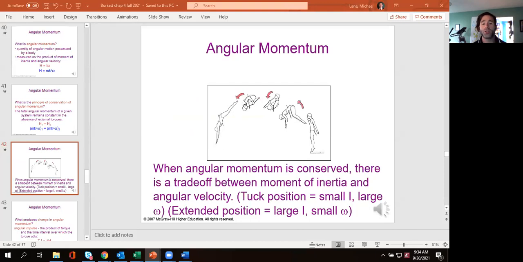The key is they're changing one major variable so they can spin faster. What's the major variable that they're changing? That in turn is going to change another aspect. So the momentum stays the same.